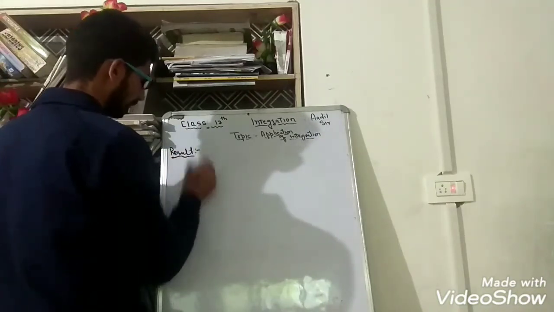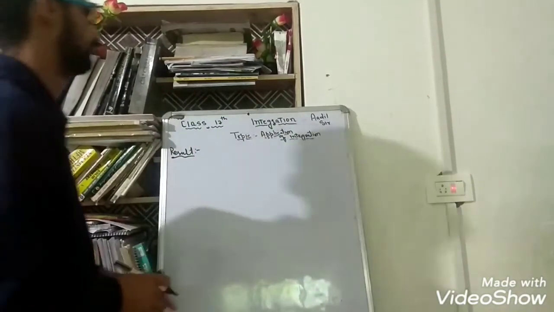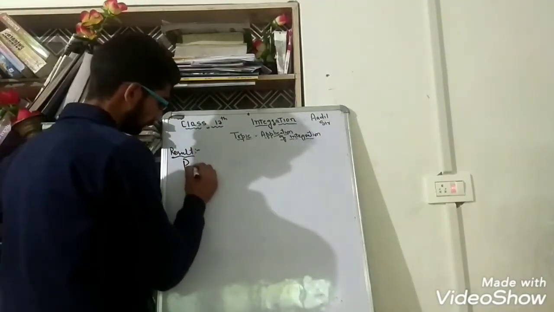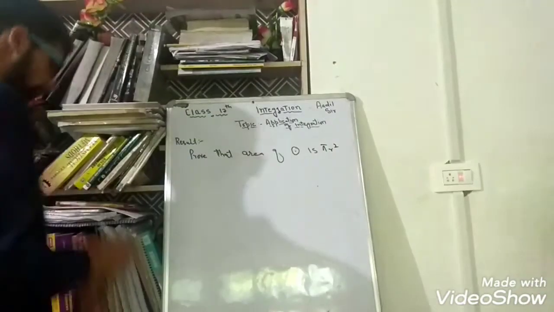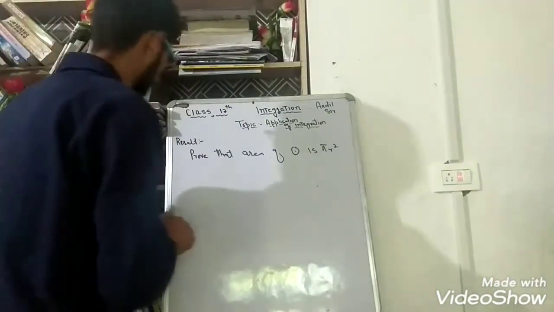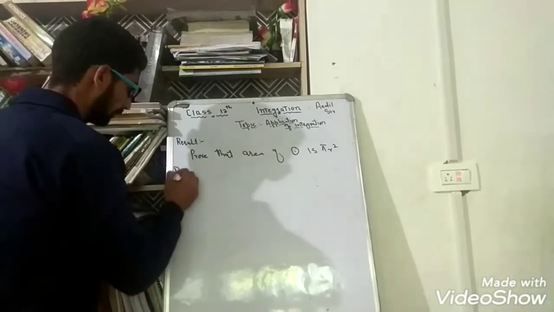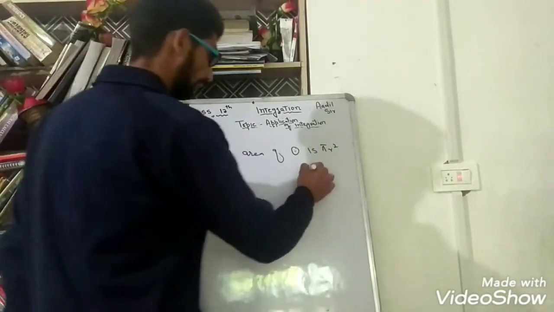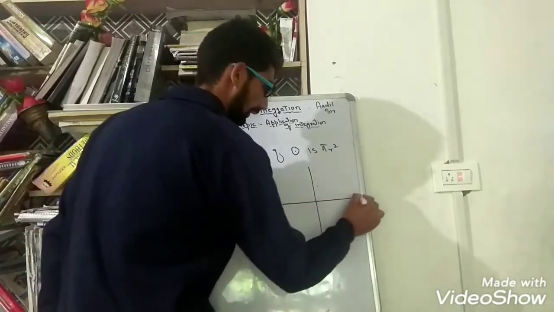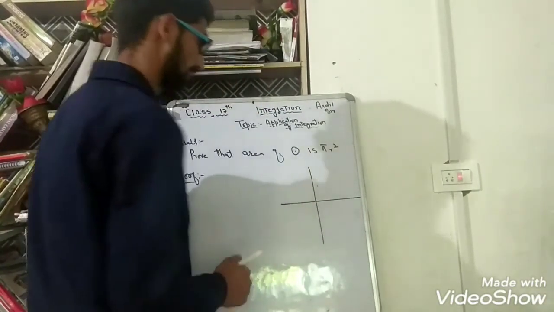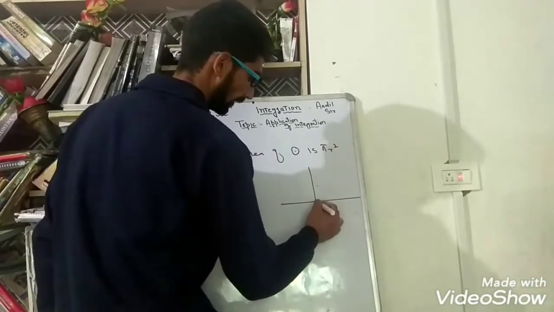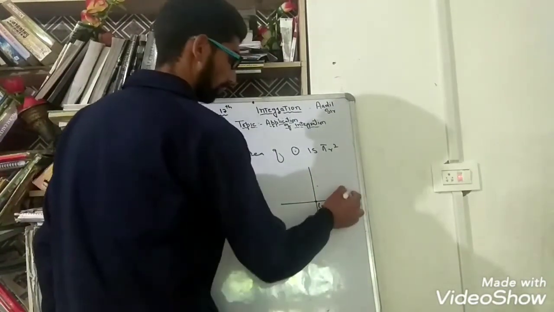So from here we are going to start the unit. You write down, prove that the area of the circle is pi r square. So you write down the proof. We take a circle whose radius is r and we take its center at the origin 0, 0.